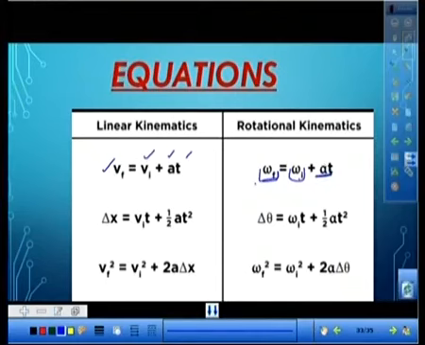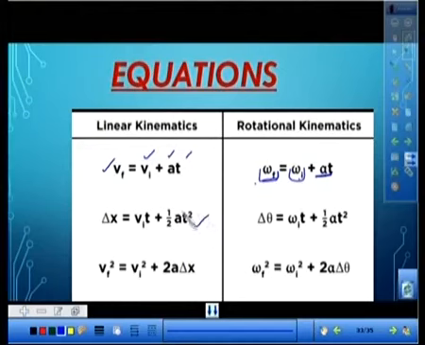So you have the equation omega is equal to omega I plus alpha t. Final angular velocity is equal to initial angular velocity plus angular acceleration multiplied by time.